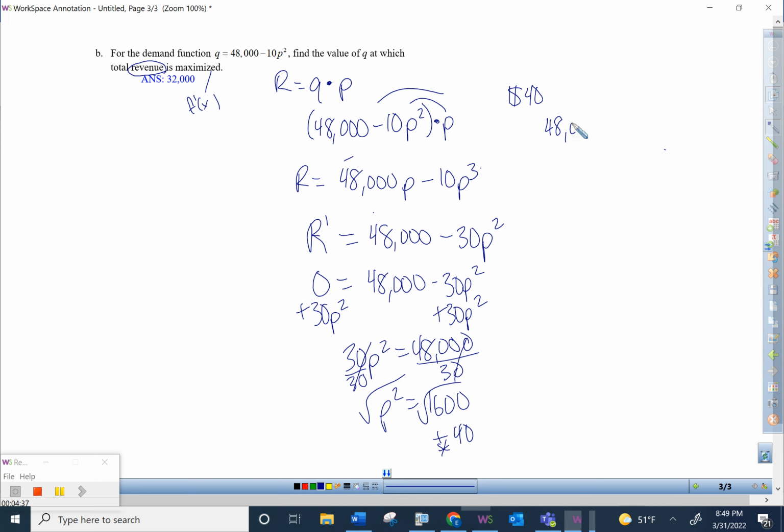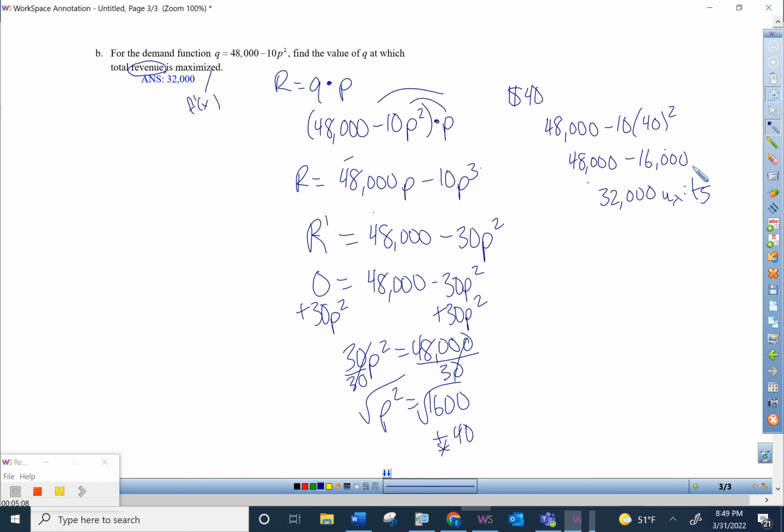So 48,000 minus 10 times 40 squared. We just had the 40 squared was 1,600. So it's 48,000 minus 10 times that would be 16,000. And then that's your 32,000. Remember, that's quantity, not price. So that would be your units of whatever you were selling.